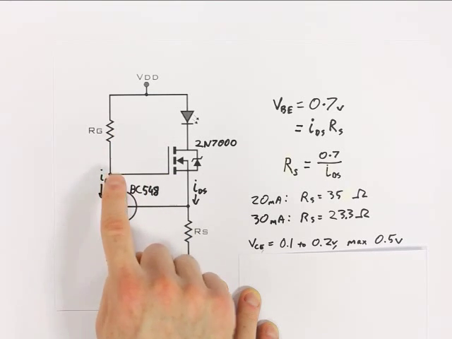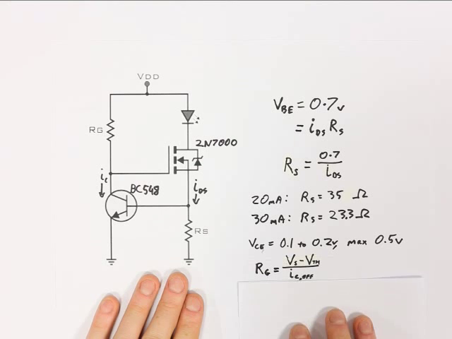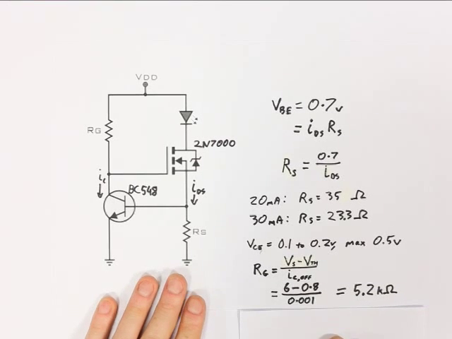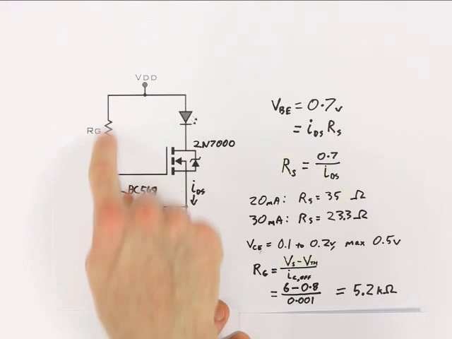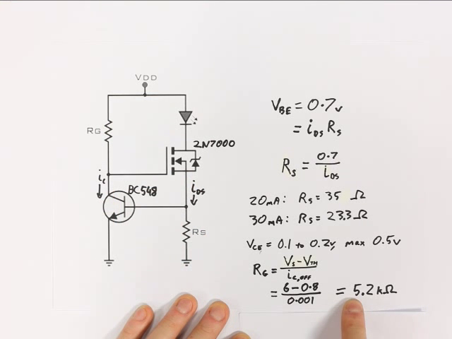So we have 6 volts supply minus 0.8 volt minimum threshold for the MOSFET divided by our chosen current through that branch, IC, gives us 5.2 kilo ohms for the gate resistor. I have 4.7 and 5.6 kilo ohm resistors, so we could use either, and I think I'll pick the 4.7, but it really won't make very much of a difference.